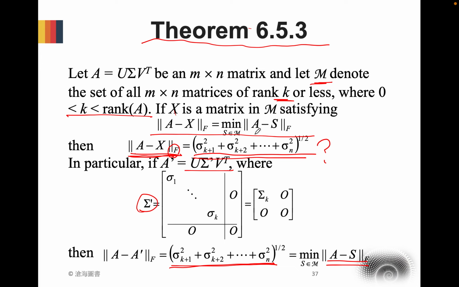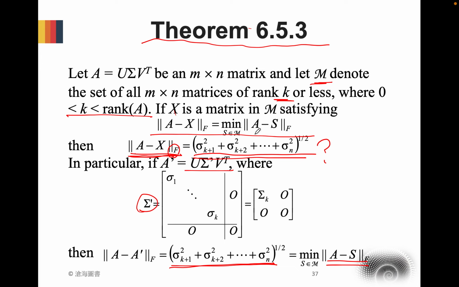Here A prime is just using the first n singular values. This is why I don't like n, because in previous slides we use r, but here it uses n.